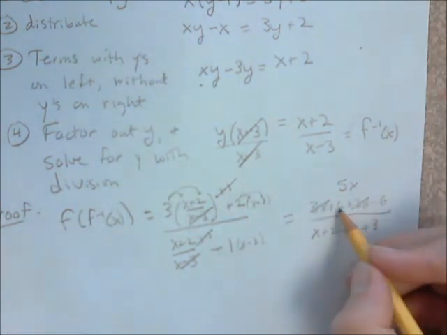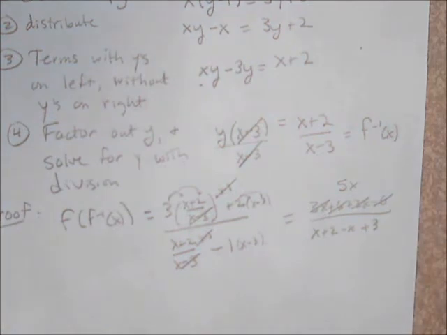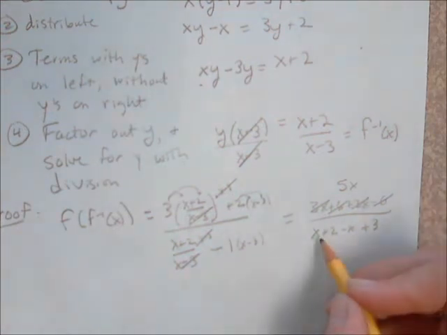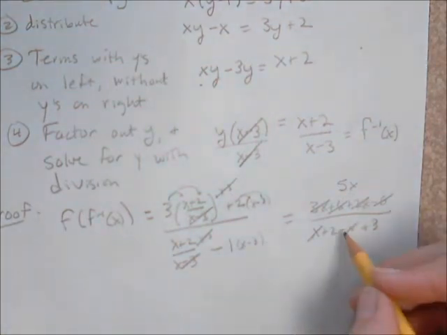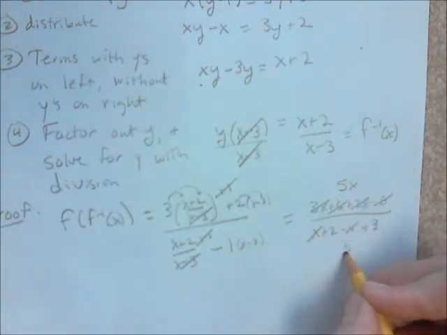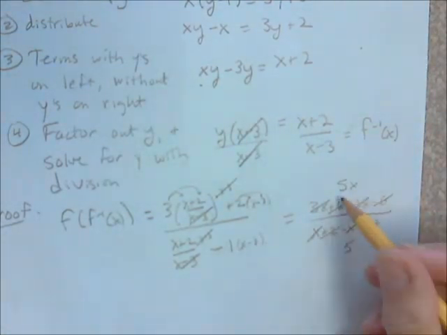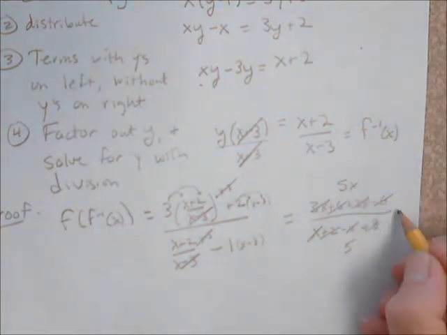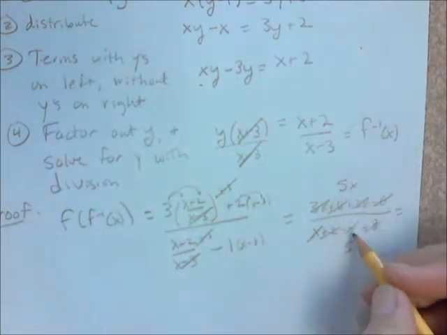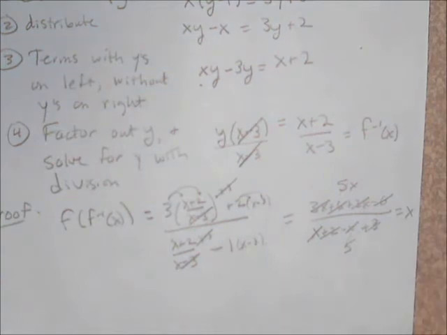And 6 minus 6 is 0. And on the bottom, we have x minus x is 0. 2 plus 3 is 5. So that simplifies down to 5x over 5. And 5x over 5, you can cancel the 5's and you're left with x. So that's the first half of the proof.